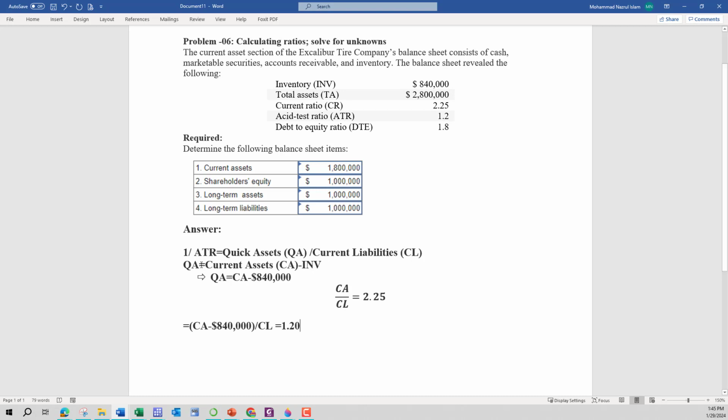Did you get it? See that quick assets is equal to current assets minus inventory, divided by current liabilities. So if we insert an equation, here you go.